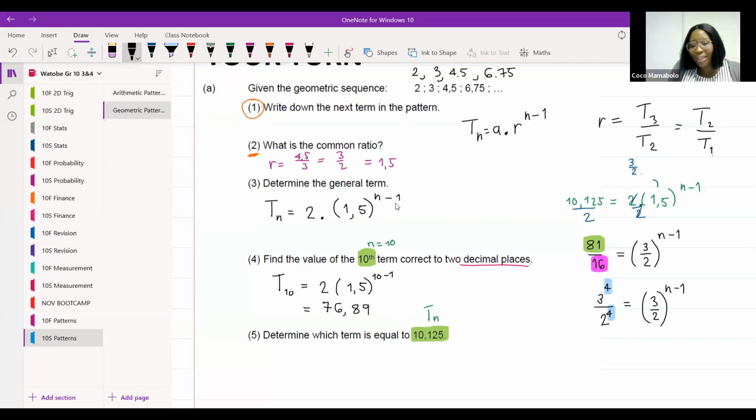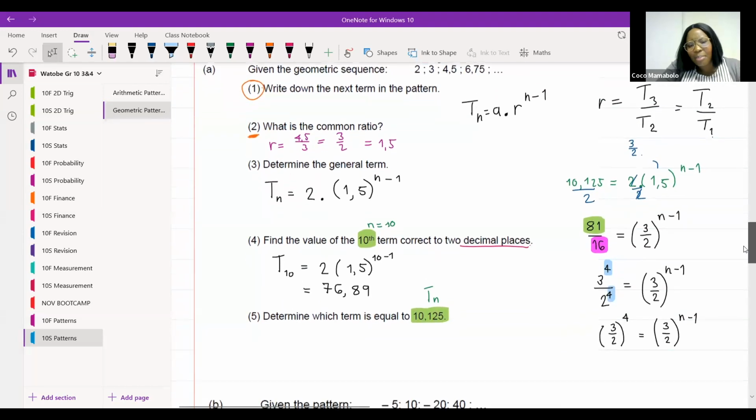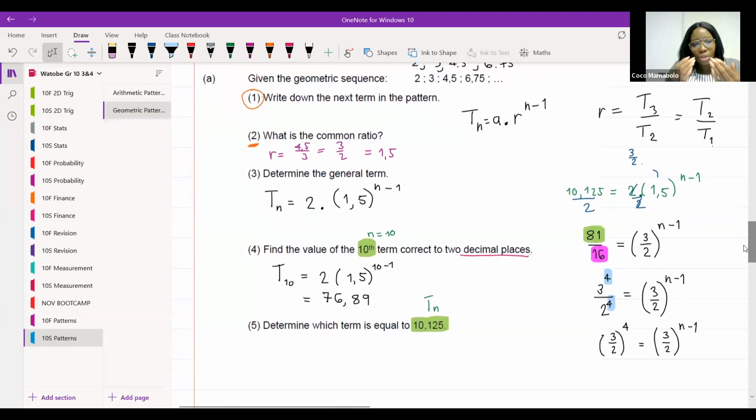I'm going to rewrite this as 3 over 2 all to the power of 4 is equal to 3 over 2 all to the power of n minus 1. What do I notice now? I've got what? Same base. Yes, that's it. I've got the same base. And as soon as I have the same base, I can then drop my bases.